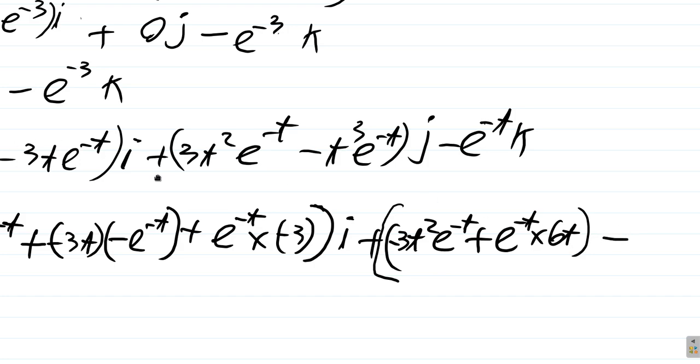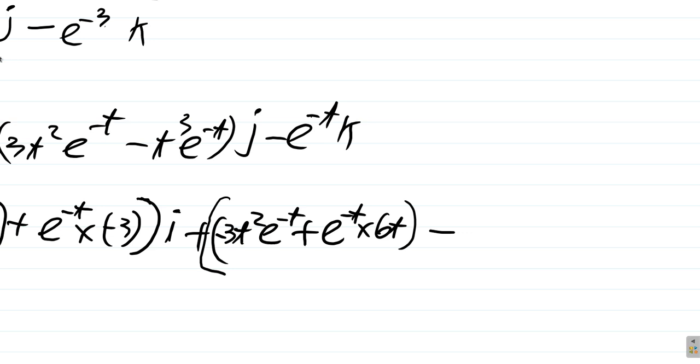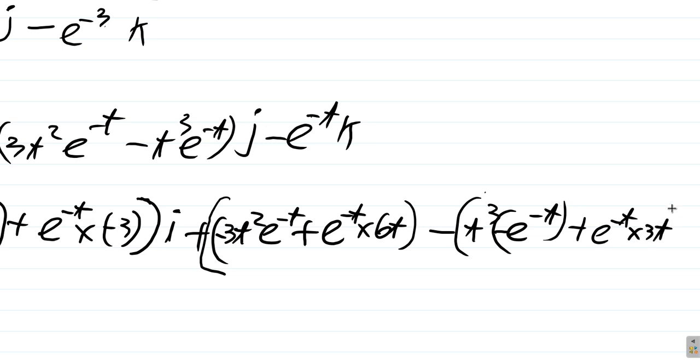Minus, and then you have this part: you hold t cubed as it is times negative e to the negative t, plus then you hold e to the negative t as it is times the derivative of t cubed with respect to t, which is 3t squared.